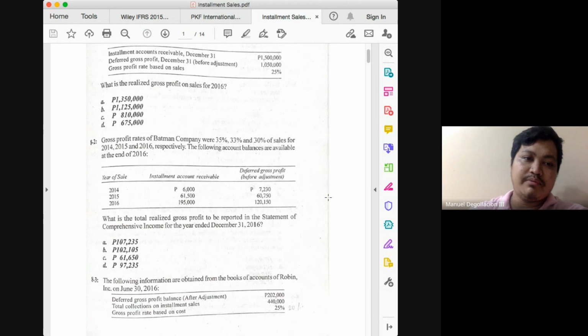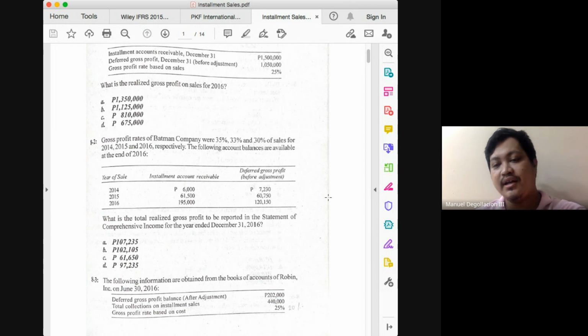Okay, let's proceed to 8-2. The question in problem 8-2 is what is the total realized gross profit to be reported in the statement of comprehensive income for the year ended December 31, 2016. Okay, but we are given here three rows of information for 2014, 2015, 2016. What does this mean? That we have sales from 2014 and 2015 that are still outstanding as of the end of 2016.